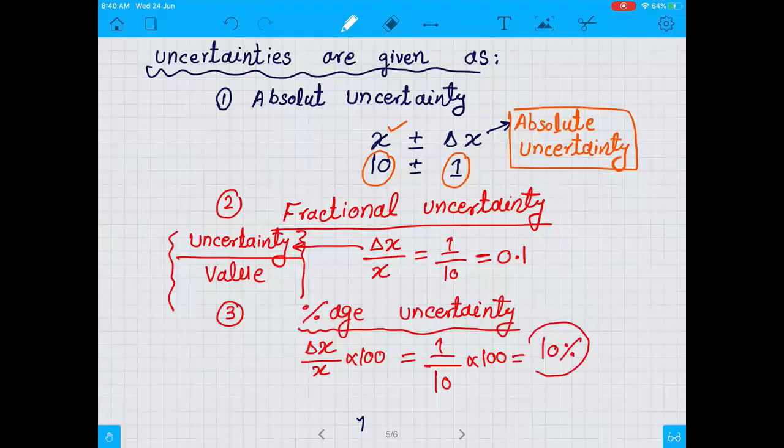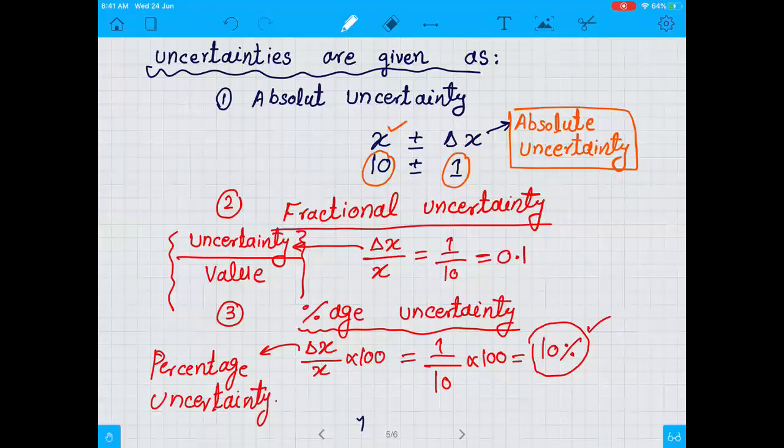So we can also write uncertainty as a percentage. Percentage uncertainty is uncertainty out of 100. If the data value is 100, then the amount of uncertainty would be the percentage uncertainty.